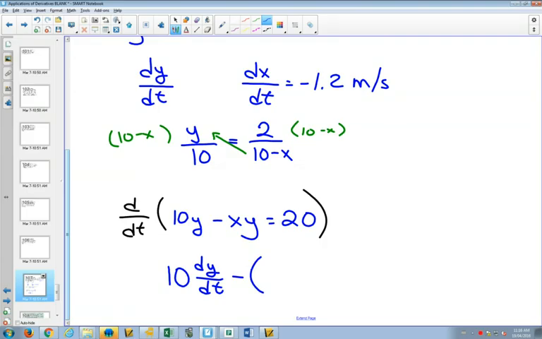Take the derivative of x, keep the other one the same, plus keep the other one the same, and the derivative of y. Then the derivative of 20 will just be 0.